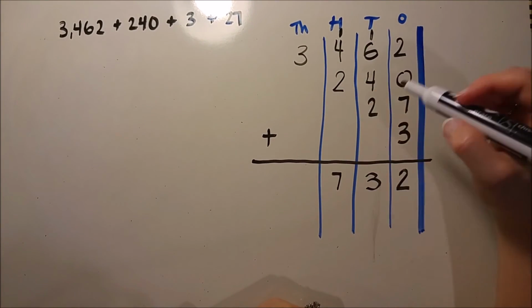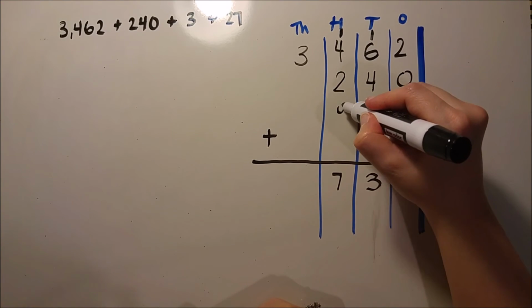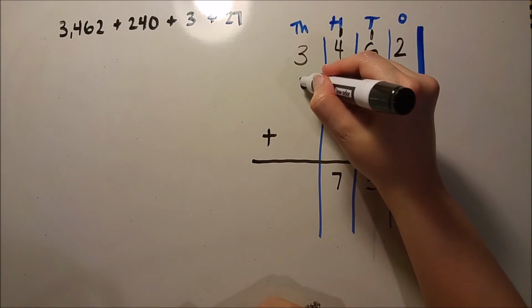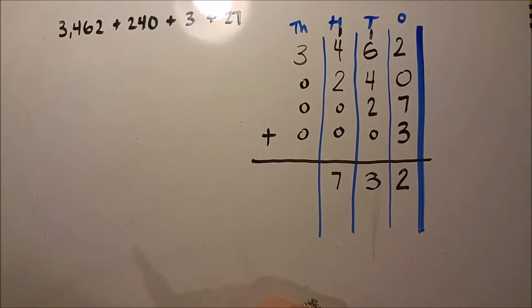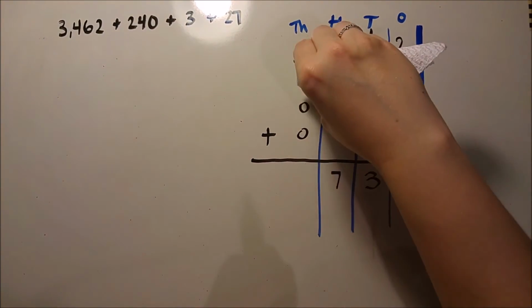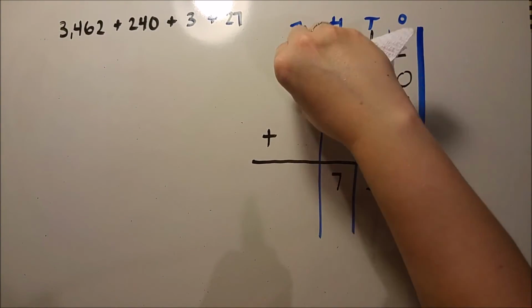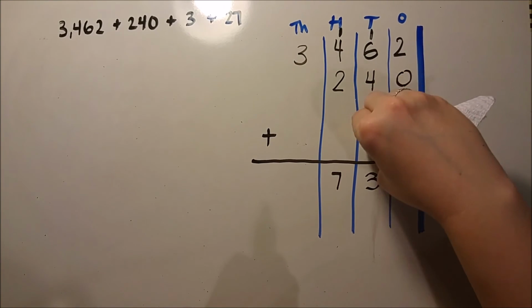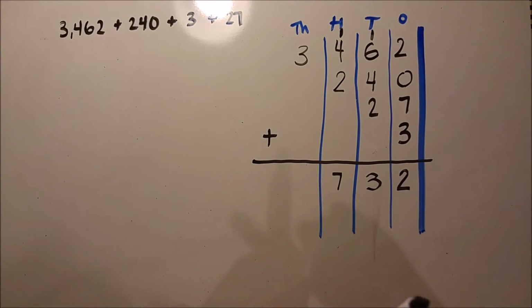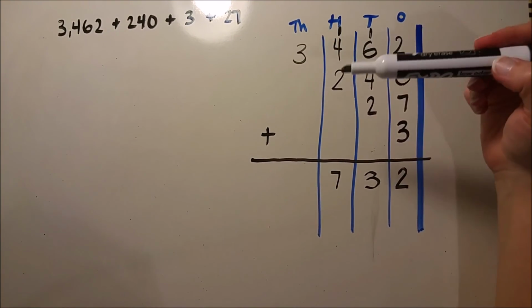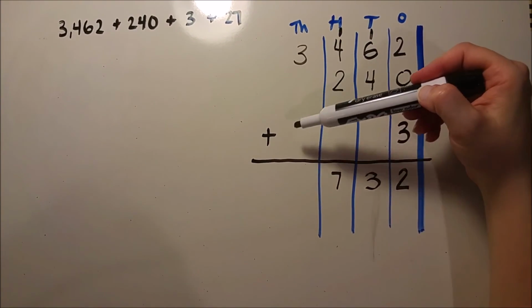Where these holes are, you can think of those as being zeros. I imagine them as zeros, but if you want to write them as zeros, that's fine too. Again, whatever works for you, do it. So 3 thousands. How many thousands do we have all together?